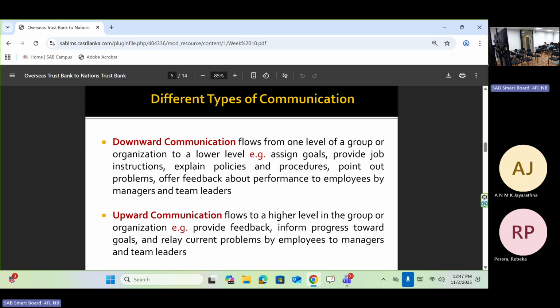This is also the same, no? Communication also can be divided as formal communication and informal communication. Broadly, yeah. Then you can have a tree chart. Tree chart. So again, I will show them three charts.